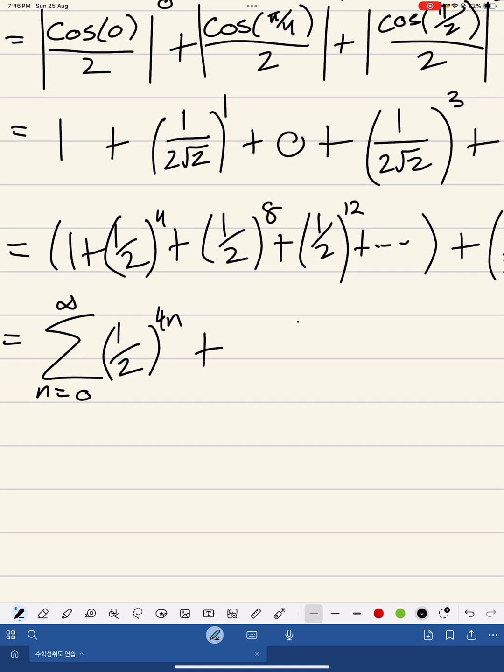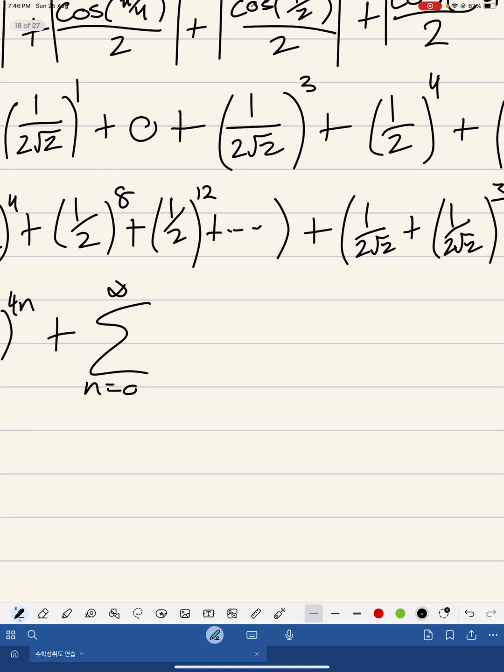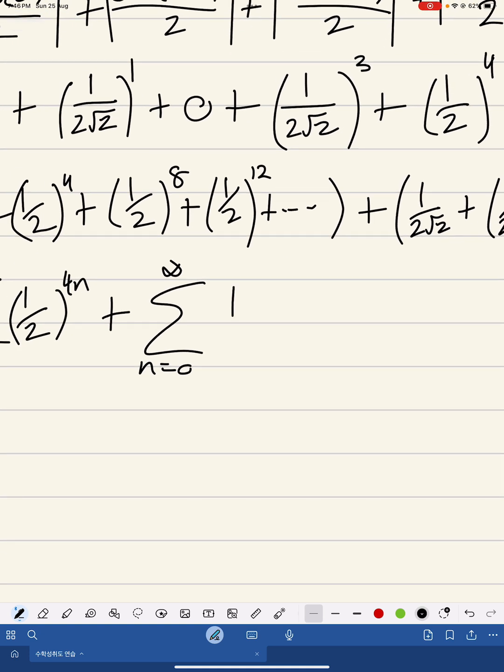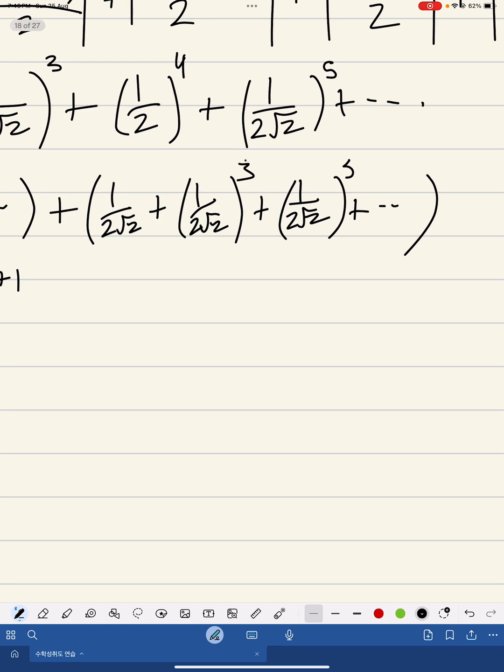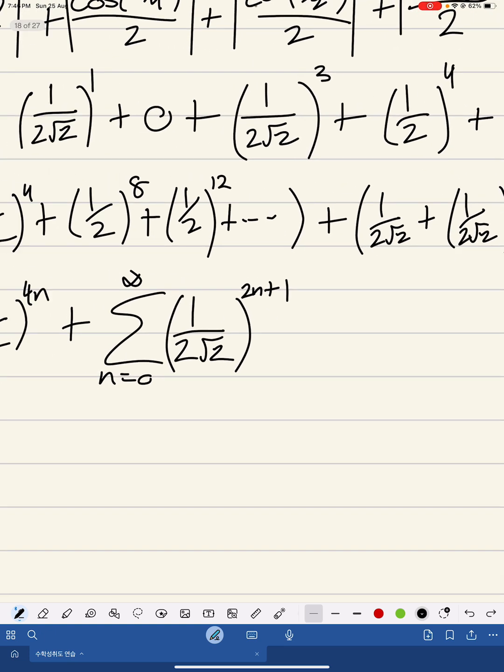Plus the sum from n equals 0 to infinity of 1 over 2 root 2 to the 2n plus 1, right? Because it's only in the odd indices where it occurs, and because when n equals 0, it should be 1. We can write the sum in this format.